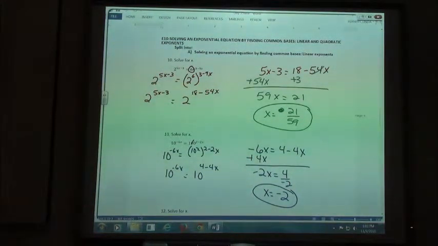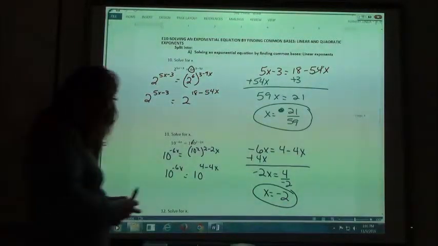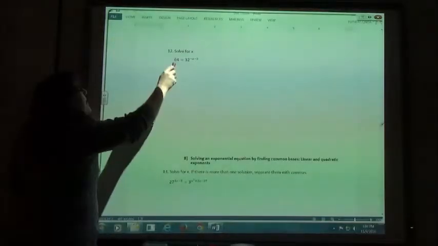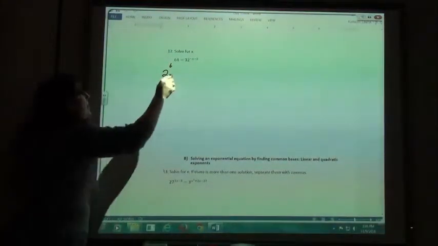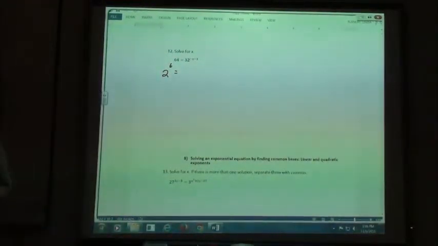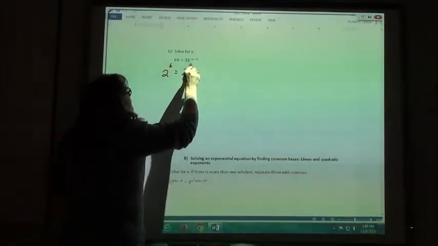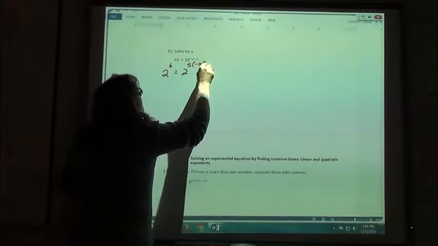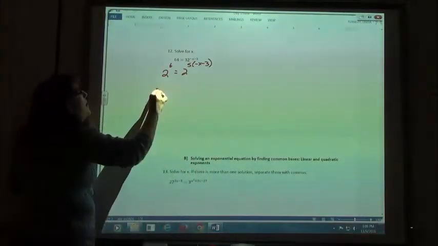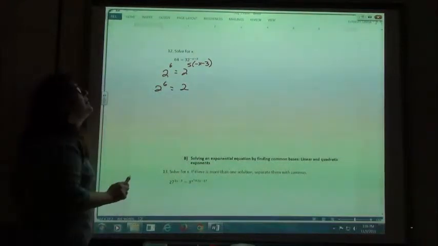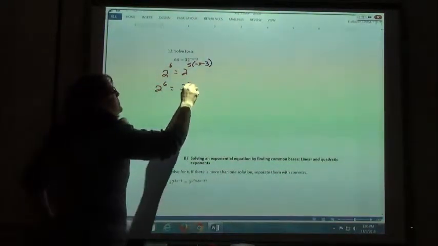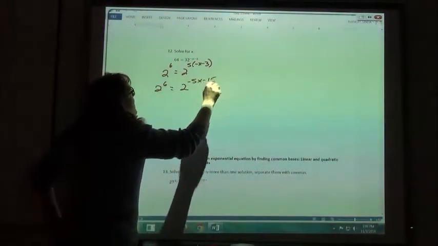All right, number 12 again is a little bit different, but we'll see if you can figure out how to do it. But we did 64 earlier and said we could do that as 2 to the 6th power. 32 we can write as 2 to the 5th power. So we're going to have 2 to the 6th equals 2 to the negative 5x minus 15.